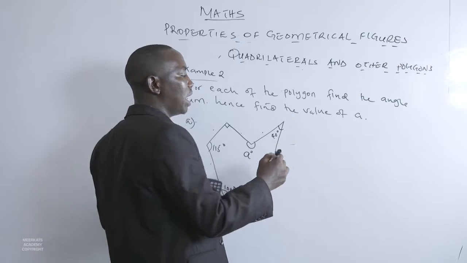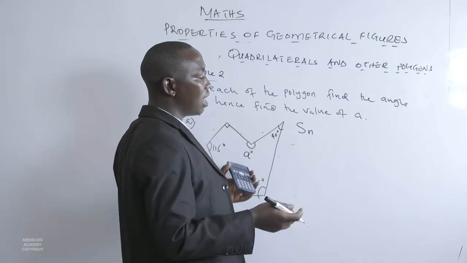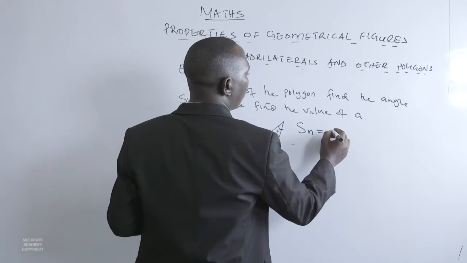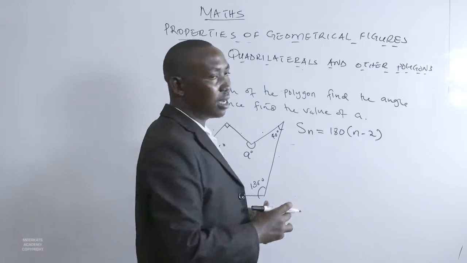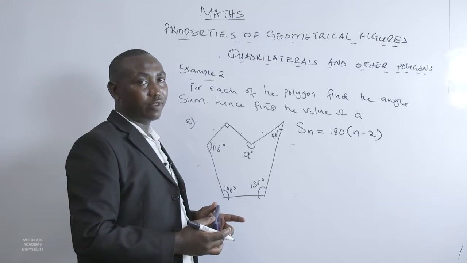And from the formula, we say that the sum of interior angles of a polygon will always be given by 180 into n minus 2, where n stands for the number of sides.